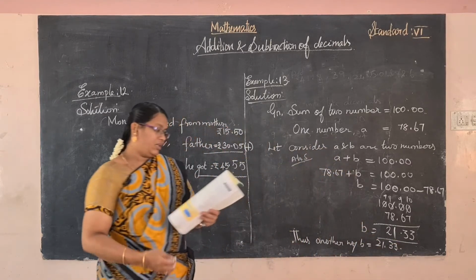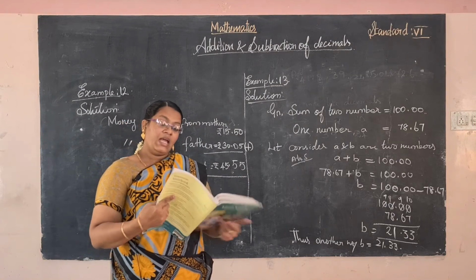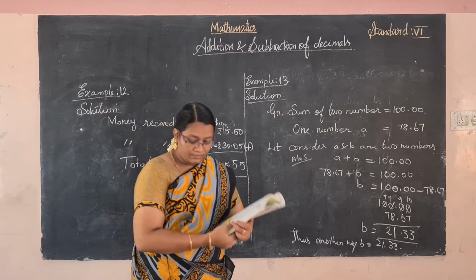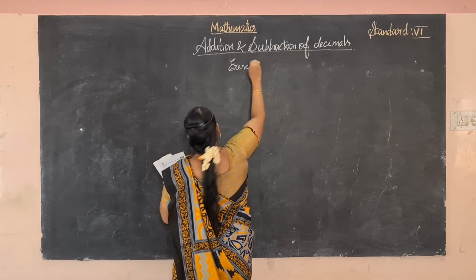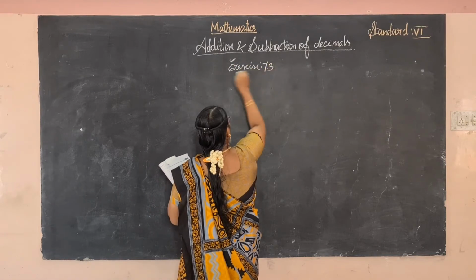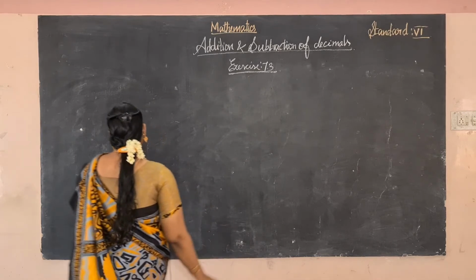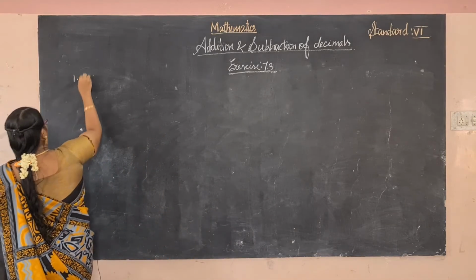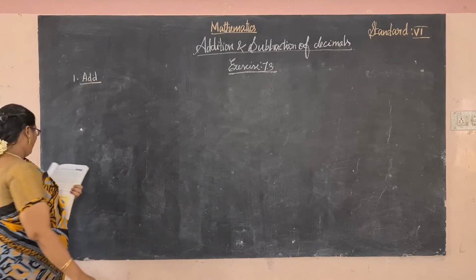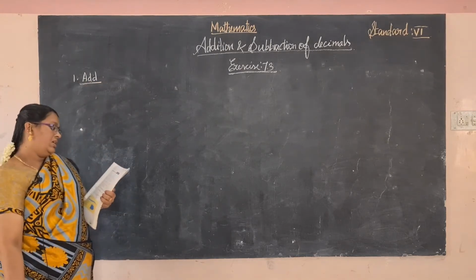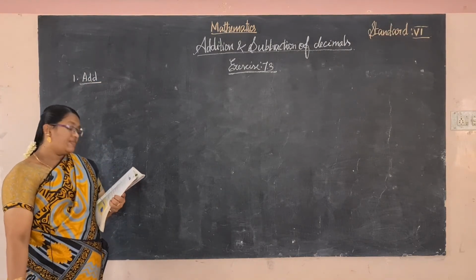Okay, that's it. Now move to exercise 7.3. The first one: add the following. The first 4 are very easy ones, with 2 decimals given.